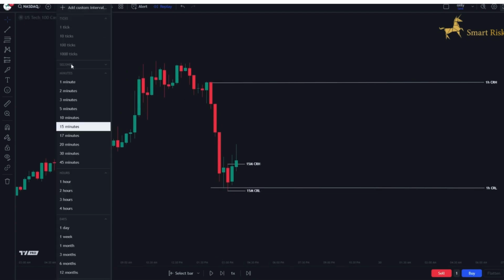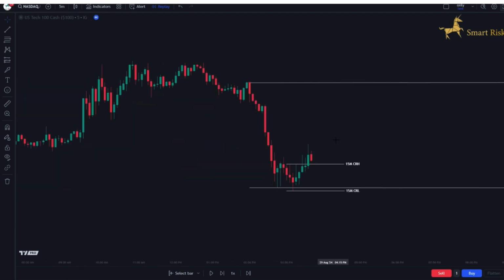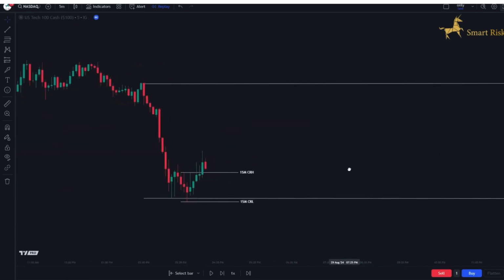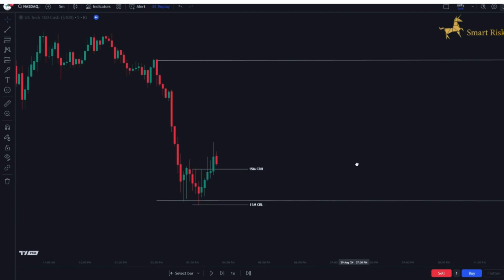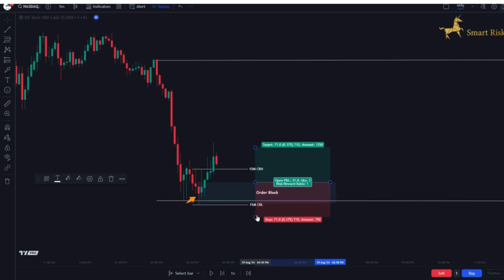Next, I'll zoom into the 5-minute time frame to find an entry opportunity for a long position. As you can see, there's an order block on the 5-minute time frame, which is the last selling candle before the price started a bullish move that broke out above the 15-minute candle's high and closed above it.